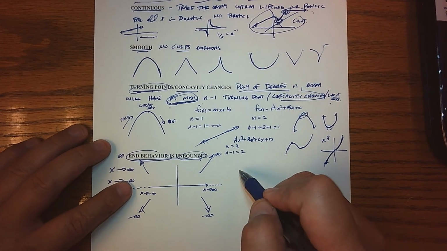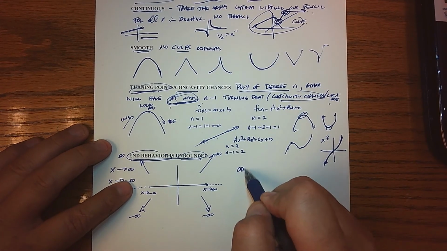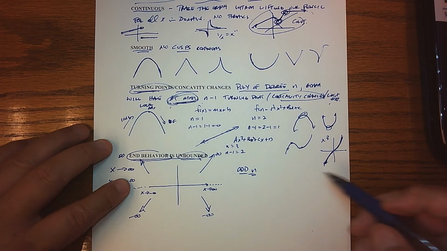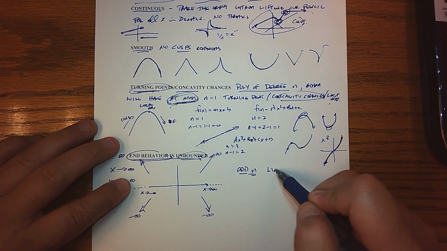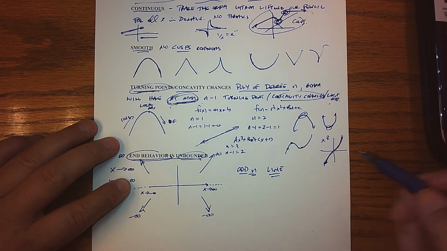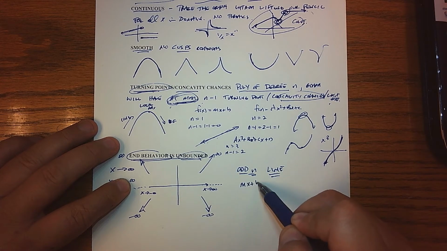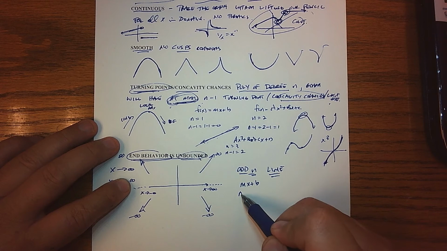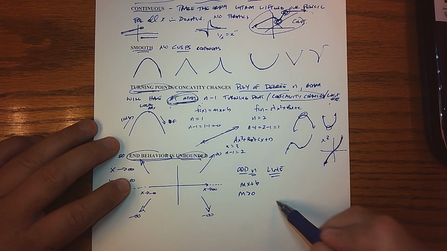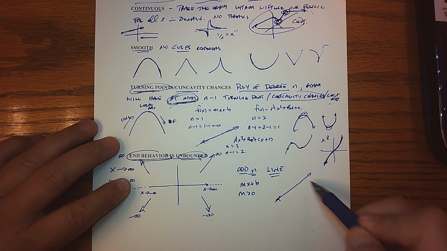All right, so if we think in terms of an odd n, our classic case is to think of a line. So we know for a line, mx plus b, if our m is greater than 0, then our line's going to be increasing.